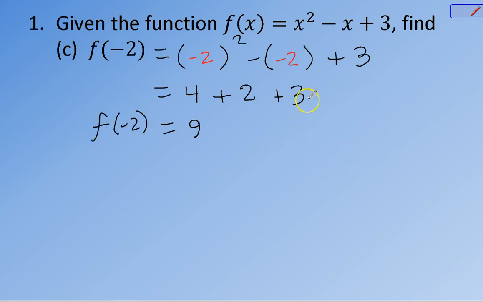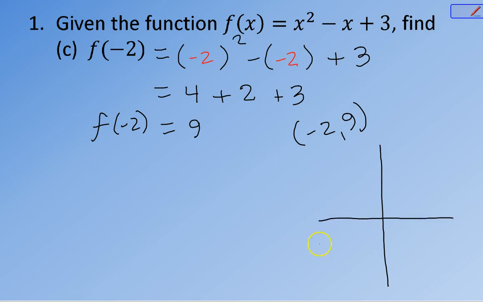Now that's interesting because we're still working on the same quadratic equation. And do you remember the other answer that we got that was 9? 3, 9. So if I were graphing this parabola now, here's what I know. Negative 2, 9 and 3, 9 are 2 points that are on this parabola that probably does something like that.